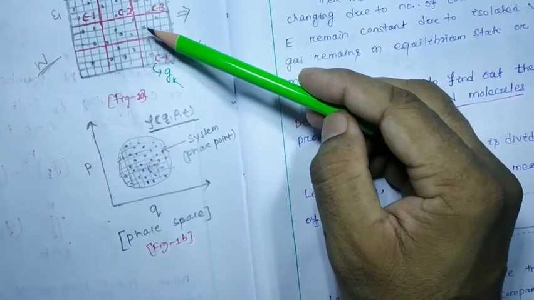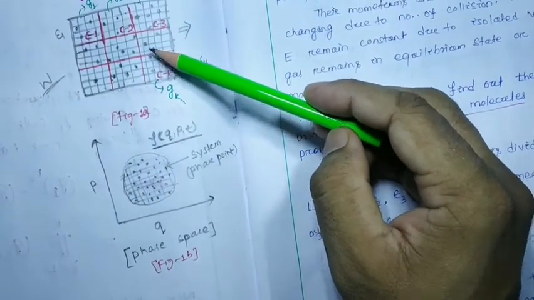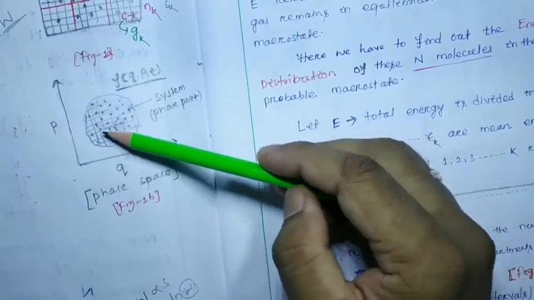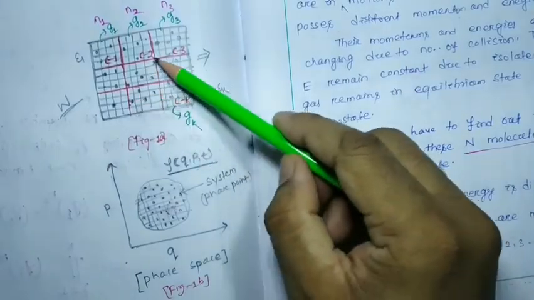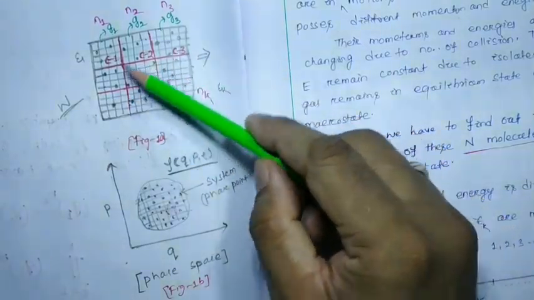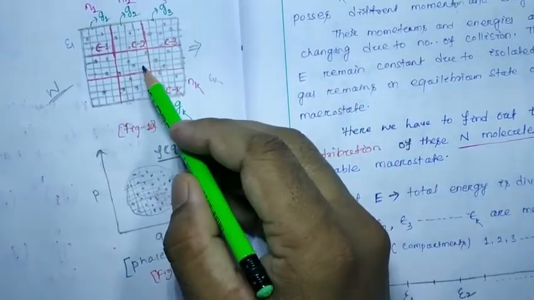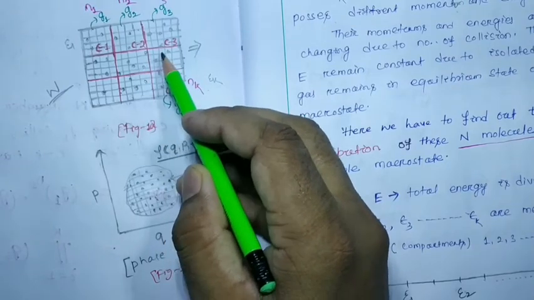So here, this gas container having gas molecules is represented with the help of phase space. These are the phase points. As a gas molecule moves inside the gas container, its state is always changing with respect to time.